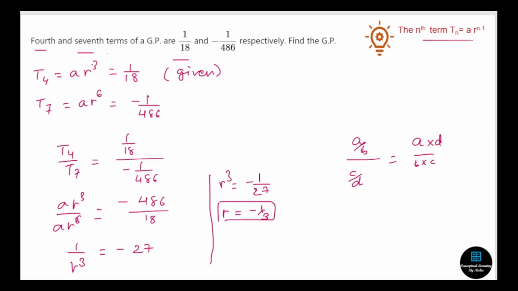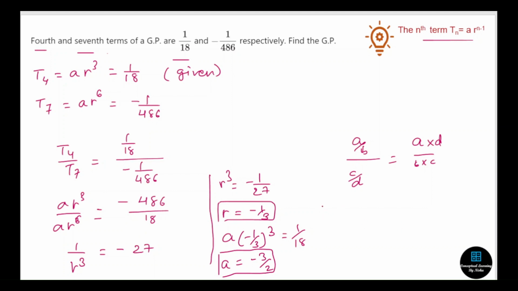Now I can find the value of a. So we'll find the value of a using it. So I have a into minus 1 upon 3 cube equals 1 upon 18. So a is equals to, on simplifying this is minus 1 upon 27, that goes on the other side, and that gives me minus 3 upon 2. So a is minus 3 upon 2. Now we got the first term and the common ratio.